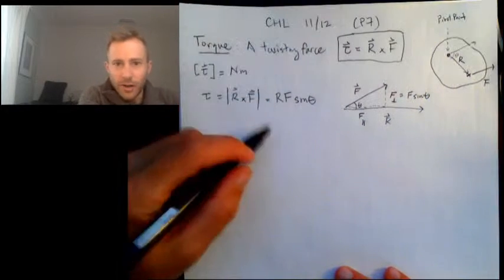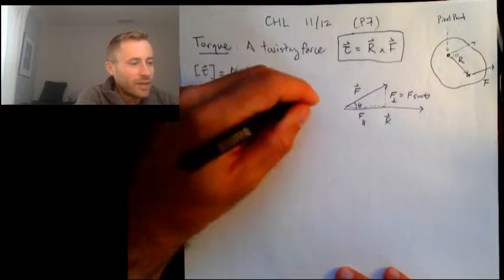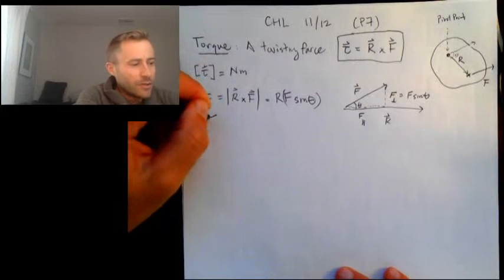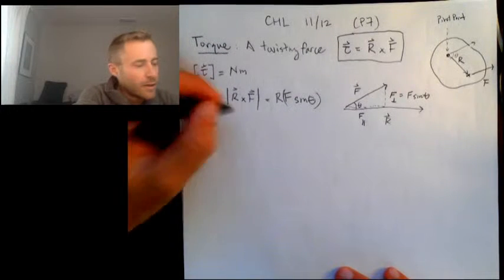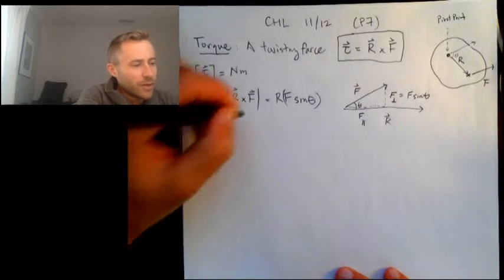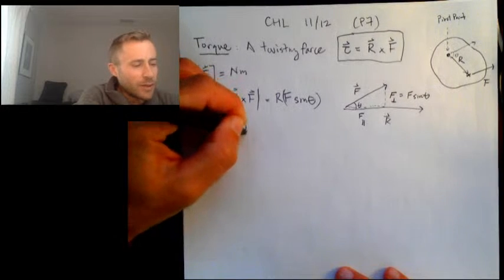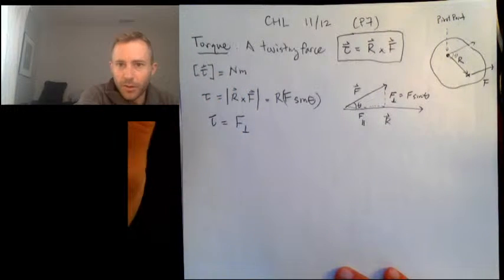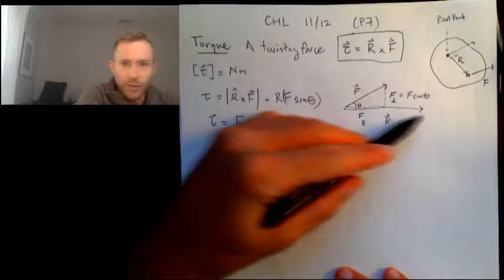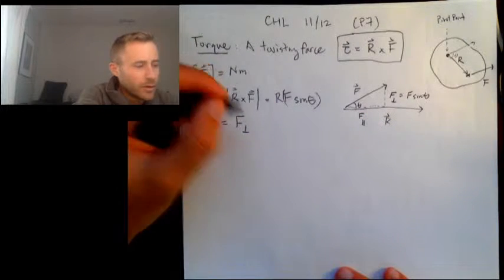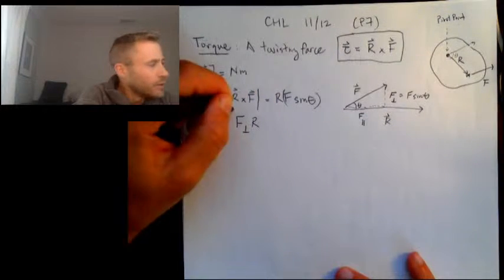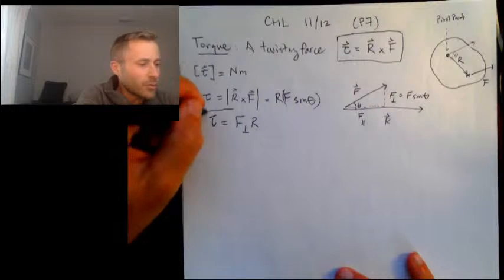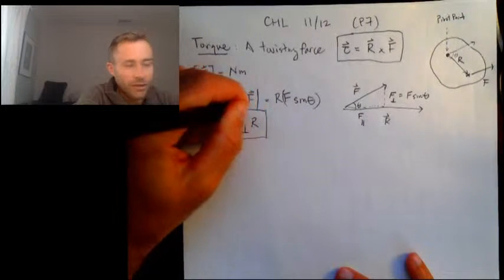So you can see that right here we have F sine theta. So that means that torque, the magnitude of the torque vector, is actually F perpendicular, the perpendicular component of F to the radius vector, times R. So this is actually kind of our preferred formula for torque in this class.